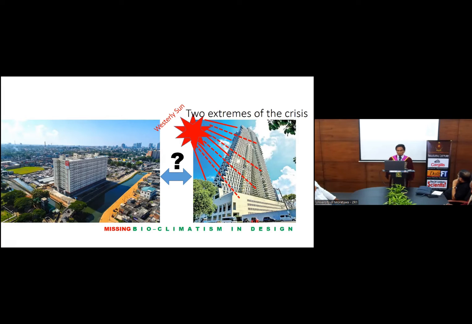For example, the building is facing all four orientations through glass windows, but the severe problem is its western tower is angled, maximizing the western sun. Western sun in the tropics is not necessary, as you know, so it brings more heat. So the problem in this building is heat inside and overheated indoors.